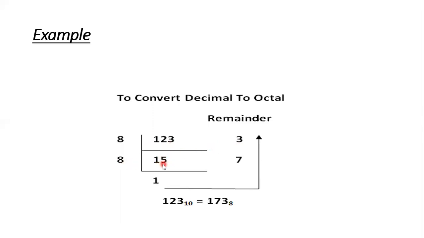Then again 15 divided by 8. 1 8 is 8. Then remainder is 7. You put the remainder here. And then we take from bottom to top. That is called the octal equivalent. Therefore, for 123 decimal, the octal equivalent is 173.